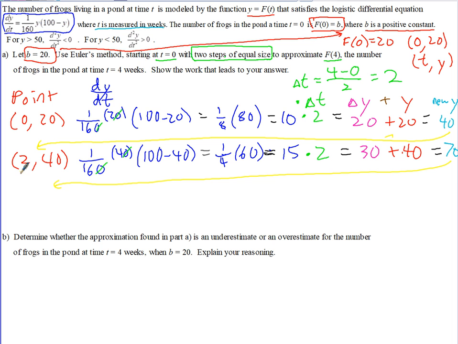And then we increase the t-coordinate by the step size, so 2 plus 2 gives you 4. New y-coordinate 70, and that's where we stop because we're approximating f of 4. We've gone through 2 steps, which is what it said, so both of those show us that we're done. So f of 4, the number of frogs after 4 weeks, is approximately 70 frogs.